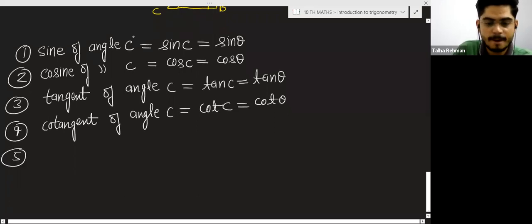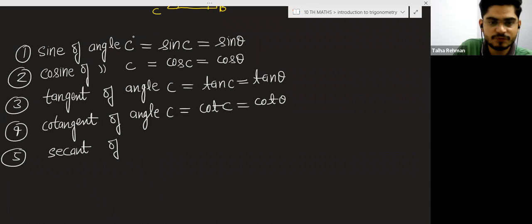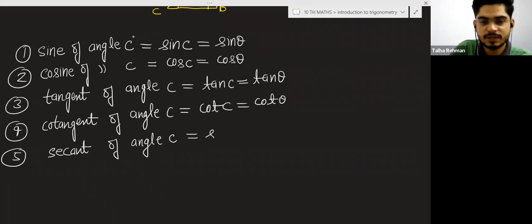Fifth is secant of angle C, which in short you write as sec C, or sec theta.